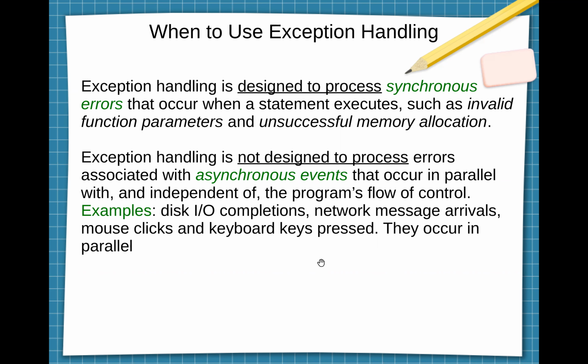They might happen in a different pattern. So a good example here is when we are working with the disk input output completion, because we might not wait for the output to happen for a file. We might process something else and work with it, right? So we are not waiting. With network message arrivals, we never know when they will arrive. Several messages can arrive. They could be processed at the same moment, especially if we have a multi-processor machine and so forth.